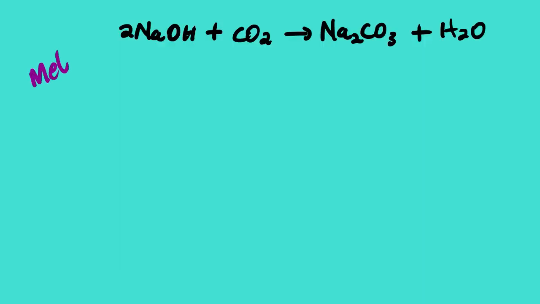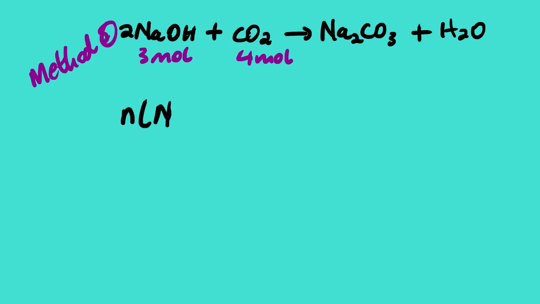So for the second method, it's more or less the same as the first one. We have 3 mole of this, then we have 4 mole of this. So our next step, we are going to write number of moles of sodium hydroxide, number of moles of carbon dioxide.